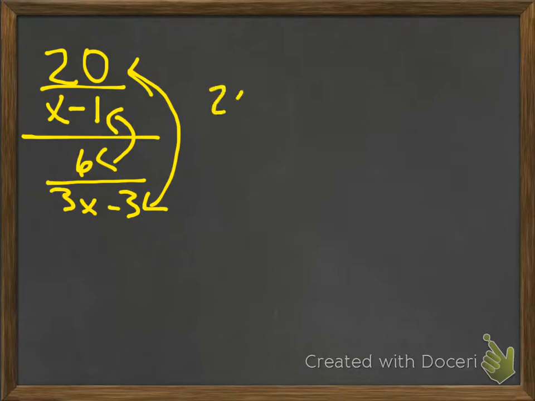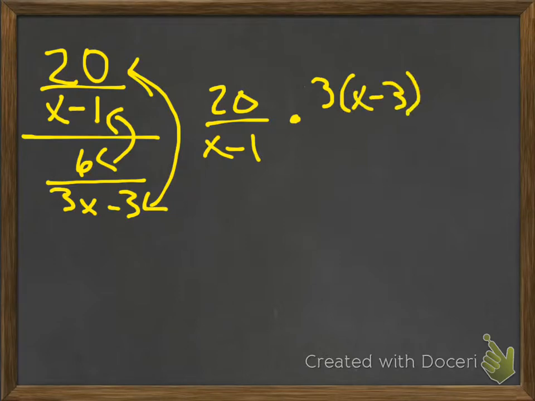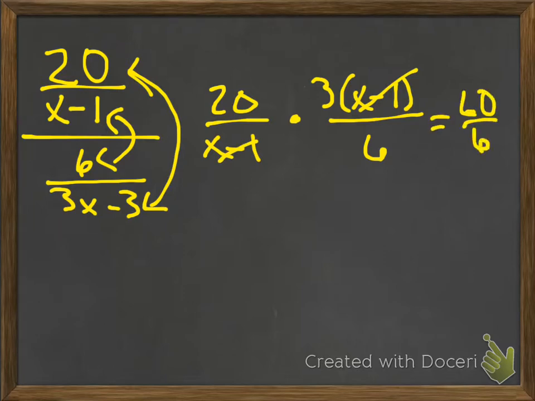So here I've got 20 over (x minus 1) times, I'm going to factor the 3x, I can factor that to 3 over (x minus 1) over 6. Well, the x minus 1's cancel each other out. 20 times 3 is 60 over 6, which simplifies to 10, and I'm done.